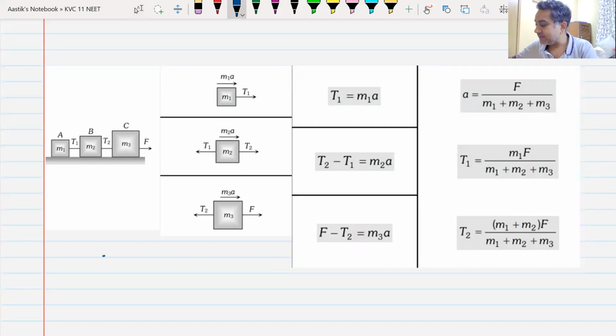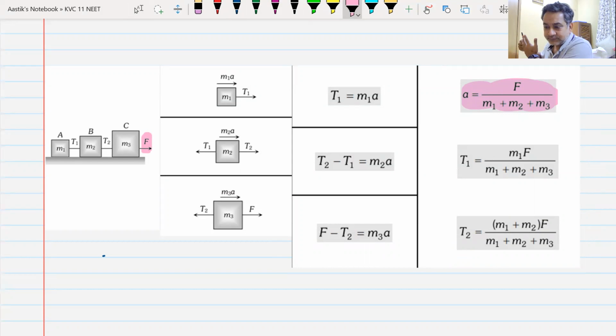I hope everyone has understood how to get the value of A, yes or no? Yes, sir. If you look at it as a system, this F is actually pulling the entire three blocks together.